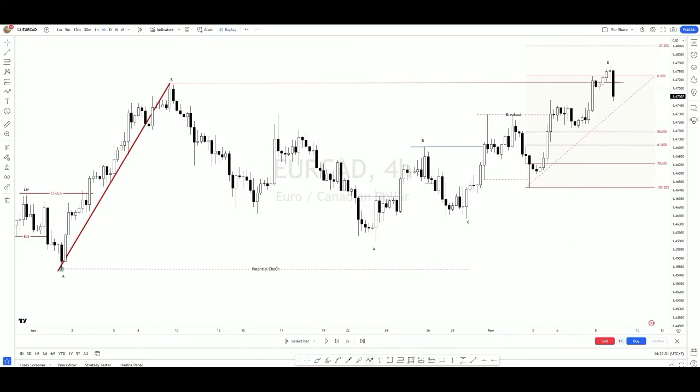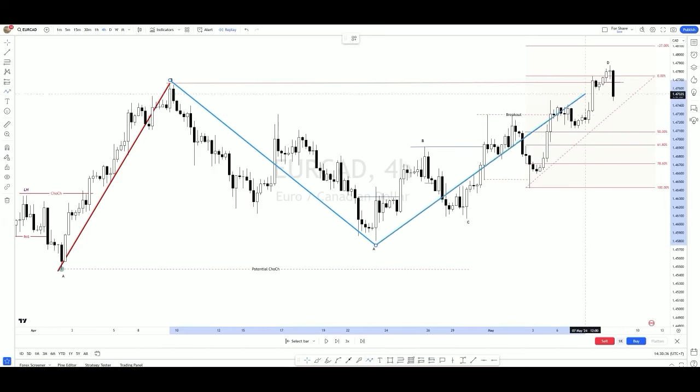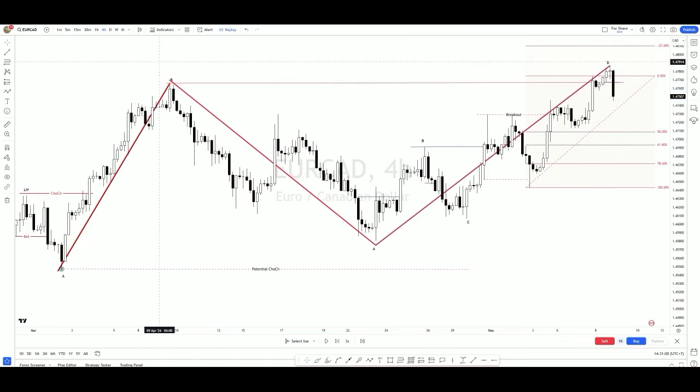Because the big structure having C confirmed here, by breaking B, and the market pushed up, creating this bullish candle, the highest bullish candle of the trend, and its low is broken by the body of this bearish candle, and that confirms D. So now I have a complete A, B, C, D for the big structure of ABCD.